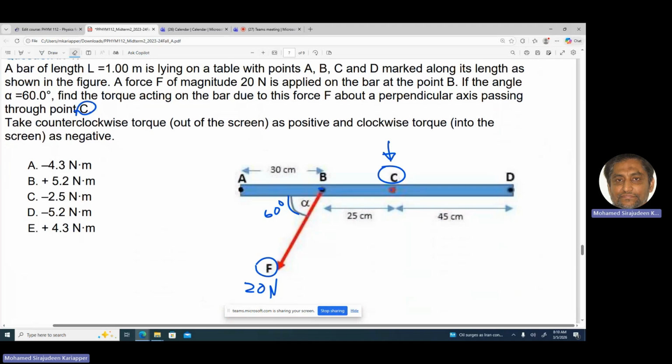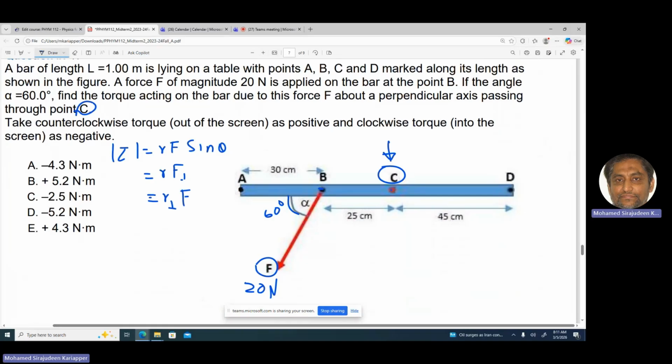It's a basic, straightforward definition question, whether you know how to calculate the torque. So let me go to the basic then. The torque magnitude is only the magnitude. You can either say like this, or like this, or like this.